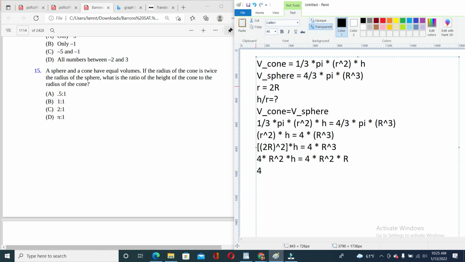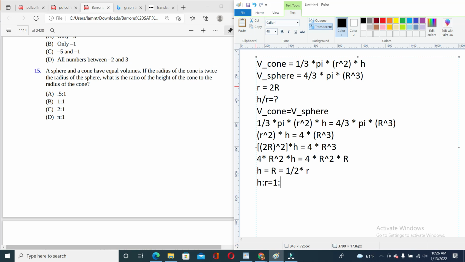So we have h equal to big R, but big R is going to be 1/2 of small r, right? So h equal to 1/2 of small r. So the radius of the cone is actually small r. So they asked about the ratio of the height of the cone to the radius of the cone. So h divided by r is going to be 1/2.